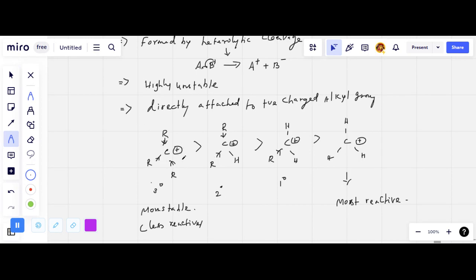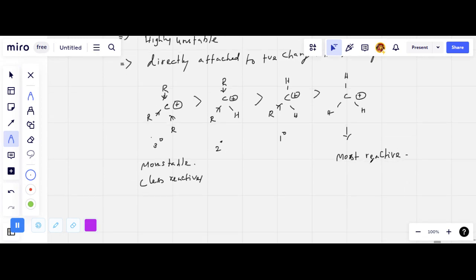So this is a carbocation. Carbocation means we know that it has a positive charge. Here the three alkyl groups are there, and alkyl groups have the tendency to release electrons.